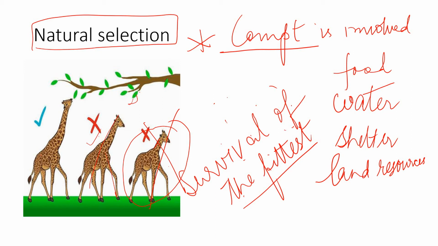This species of giraffe got adapted with longer necks, and thus was able to very easily pluck the leaves of these tall trees or plants and gradually survive. So this is the survival of the fittest.